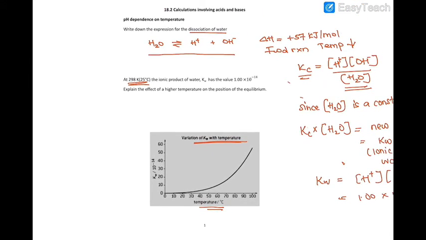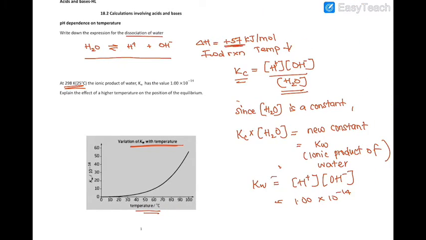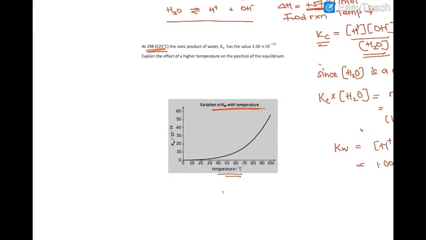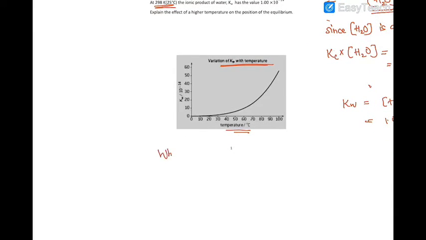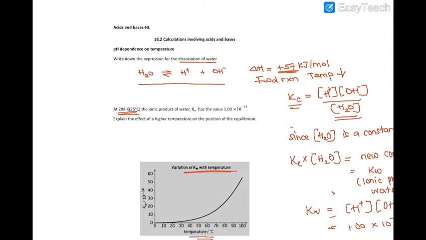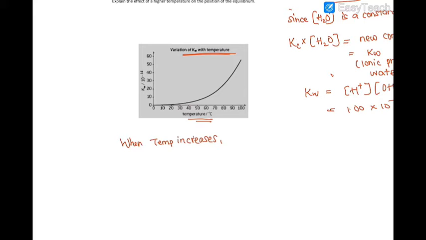Here, if you look at this reaction, this is an endothermic reaction, which means that when temperature is going to increase, the equilibrium is going to shift so as to decrease the temperature. And to decrease the temperature, it will want to go in the forward direction. So when temperature increases, the equilibrium will shift towards the product side.